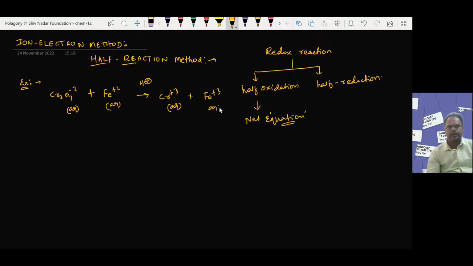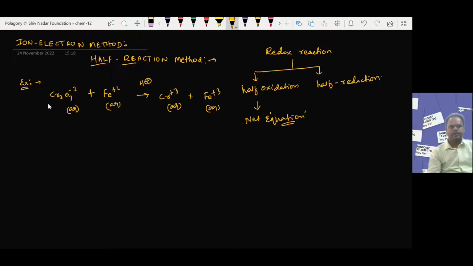This is the given unbalanced ionic representation, and this reaction can be balanced by the half reaction method or ion electron method.